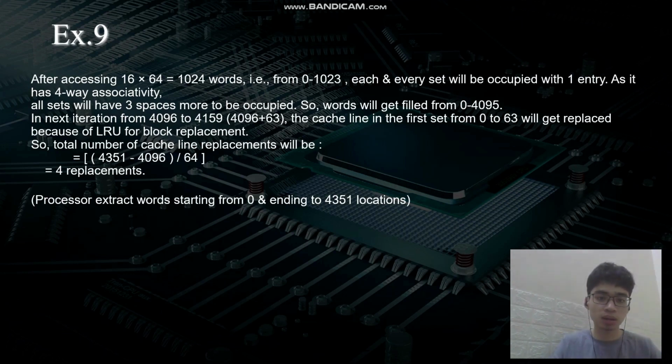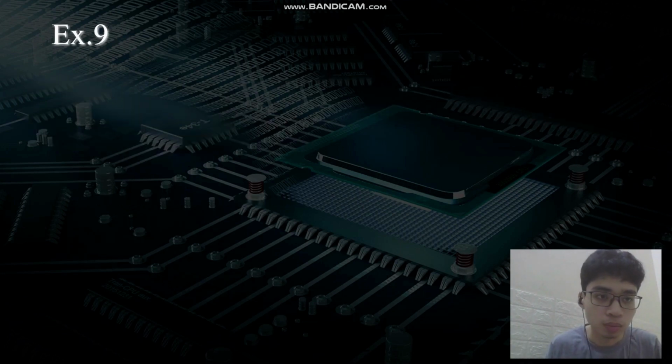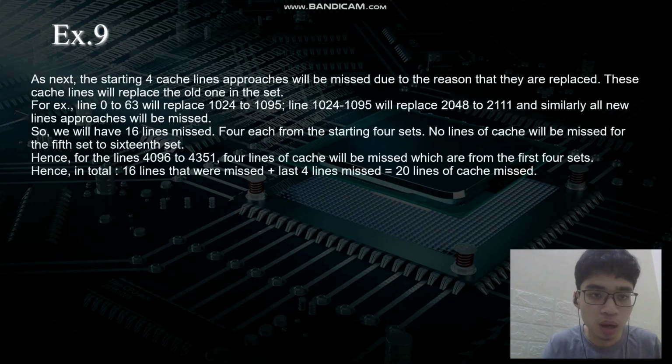The processor access was starting from 0 and ending at the 4351 location. Next, the starting 4 cache lines will be missed, due to the reason that they are replaced. The new cache line will replace the old one in the set.